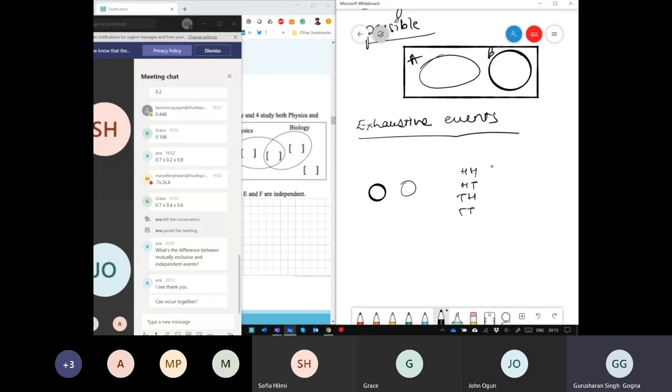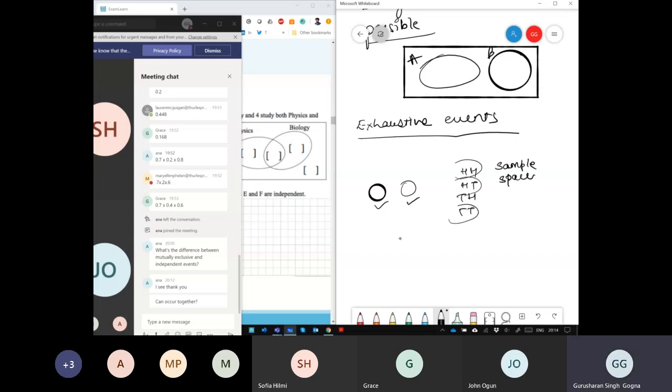So this is called sample space for two coins. Head, tail, head, tail. Okay. And exhaustive events means from the list of events. List of events means you can say two heads, you can say one head and one tail, or you can say two tails. These are the list of events.